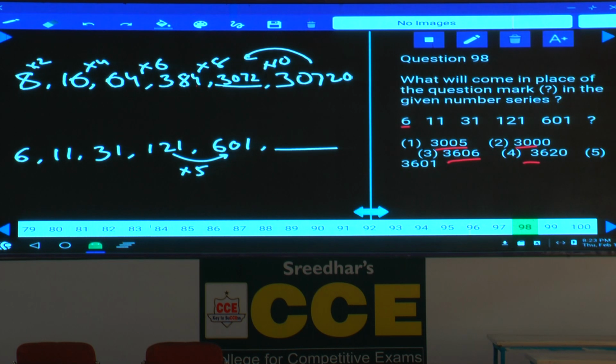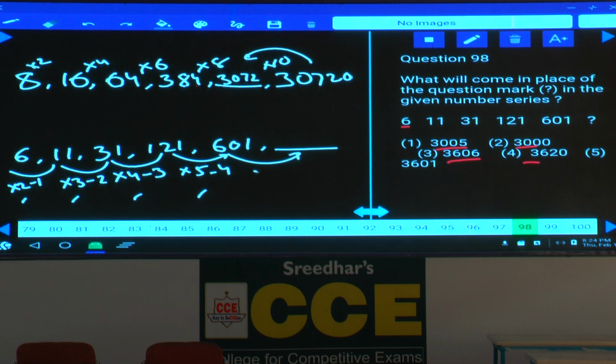605, minus how much? Minus 4 is 601, so into 5 minus 4. If it is into 5 minus 4, then 31 into 4 is 124 minus 3. Then 11 and 31, 11 into 3, 33 minus 2. And the previous one will be into 2 minus 1. Now check these numbers, into 2, into 3, into 4, into 5, next one must be into 6.